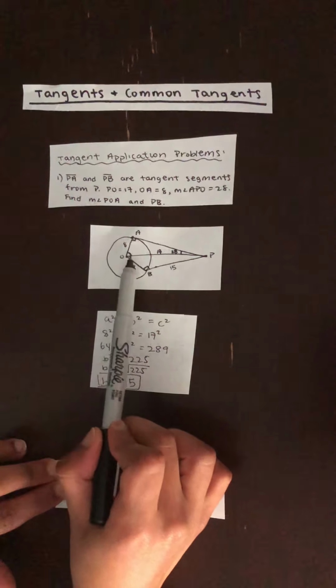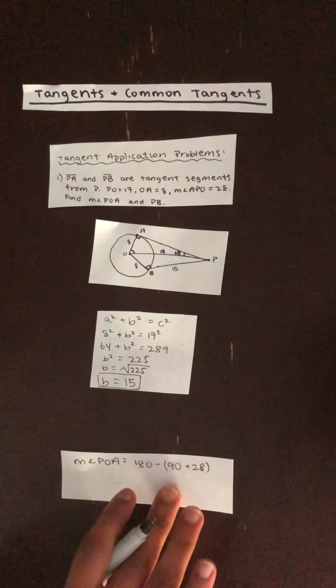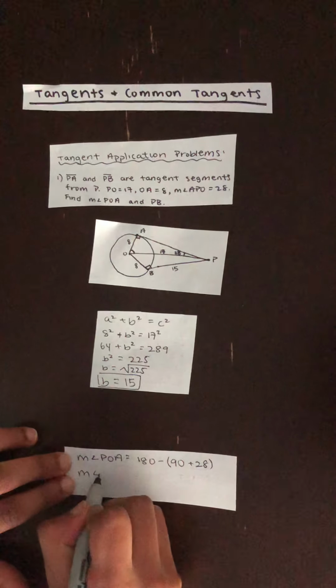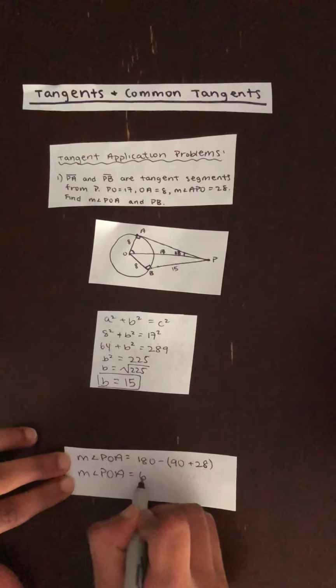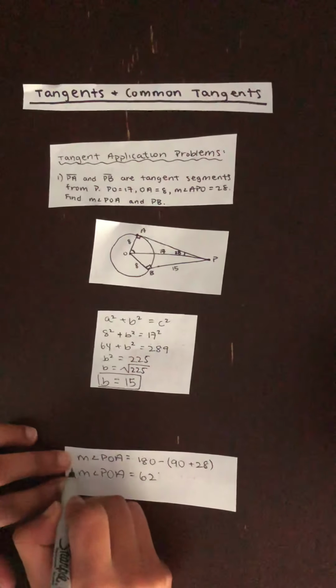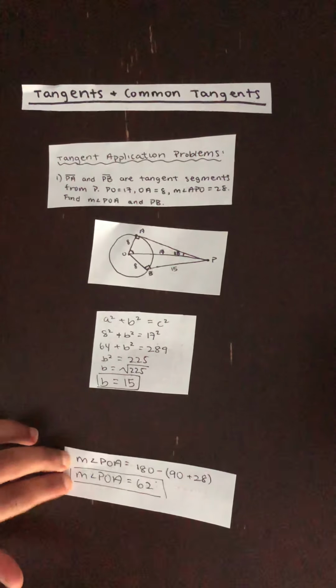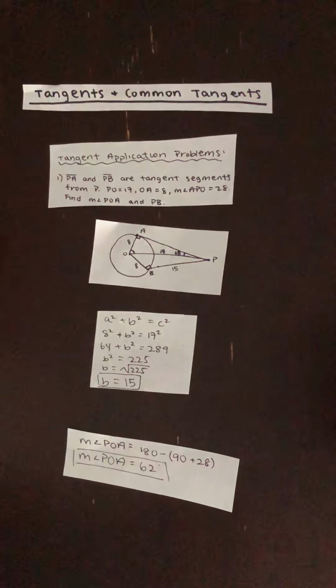So we can subtract 90 plus 28 from 180, and that gives us the measure of angle POA equal to 62 degrees. So that's how we solve this application problem.